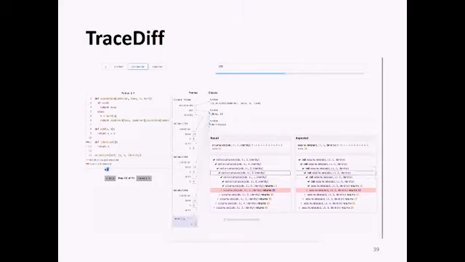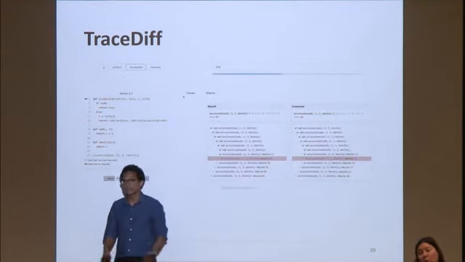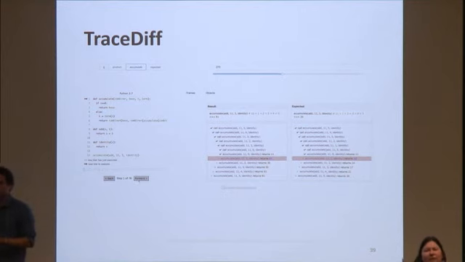So since we know how to fix the code, we generate a fix, run both versions of the code, and compare the traces of both versions of the program. Then we can show the student where the traces are different and how they are different, so that the student can understand which part they need to look at during the debugging process.